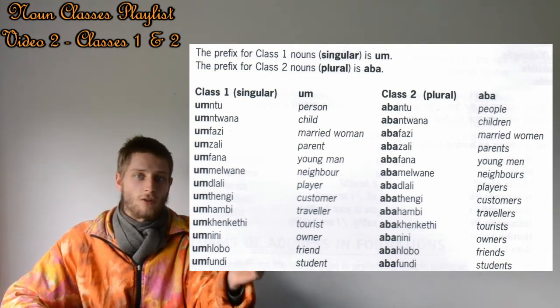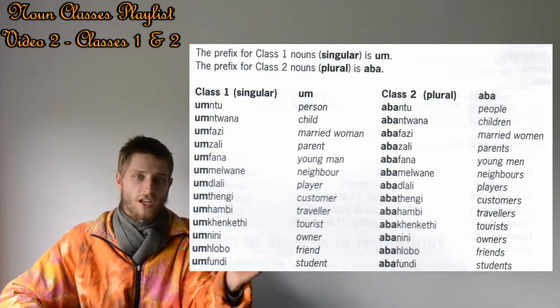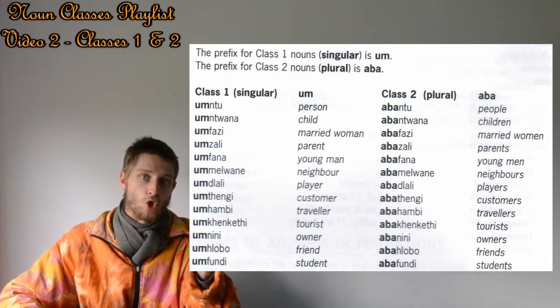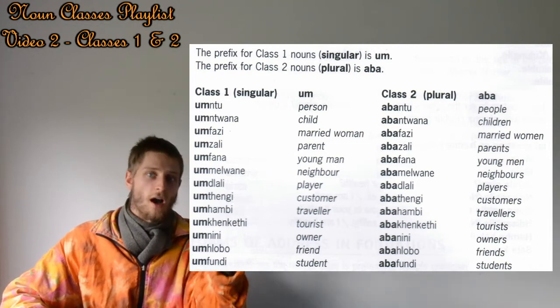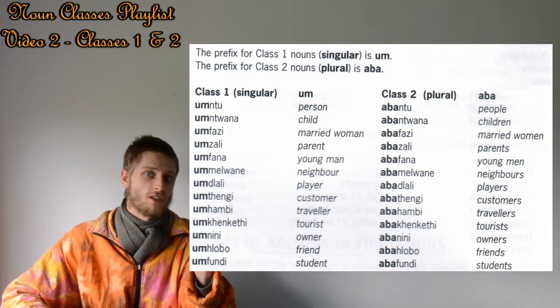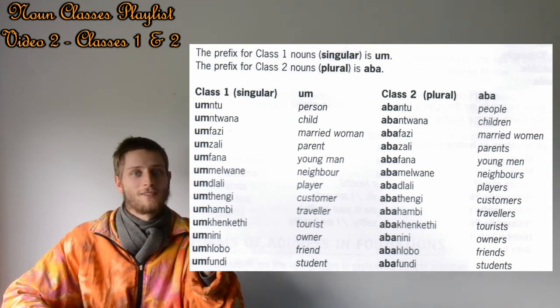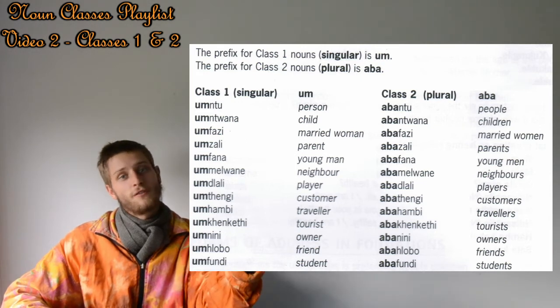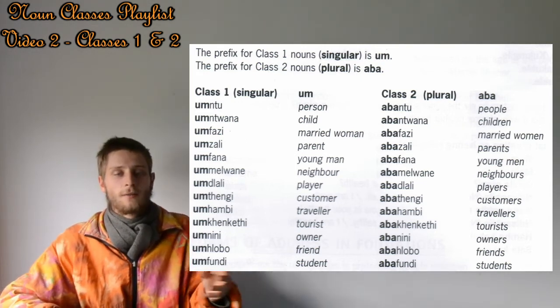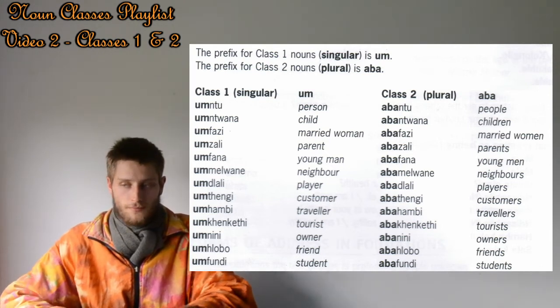Whereas in Xhosa, the noun prefix changes, but the stem ntu is still the same. You see, ntu, abantu. The ntu is what remains the same, which is the noun for people or persons, but the prefix at the beginning changes to denote whether something is singular or plural.